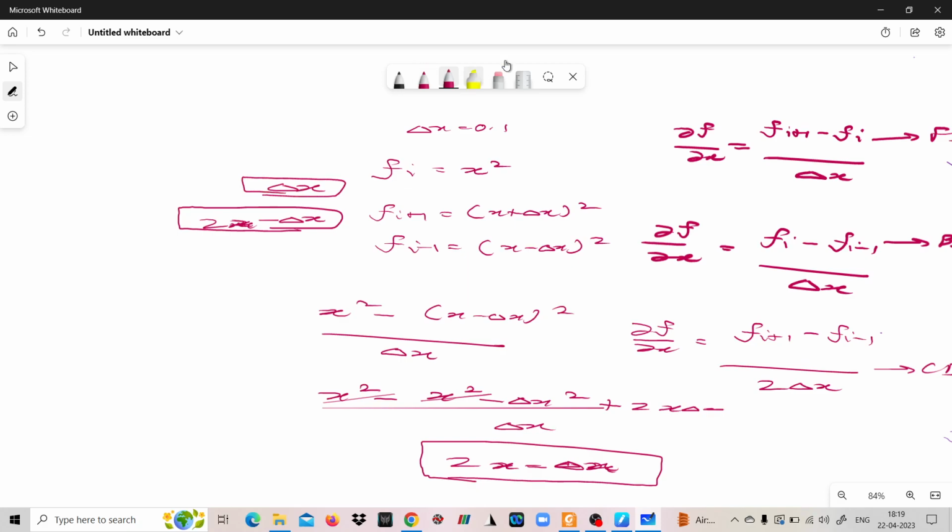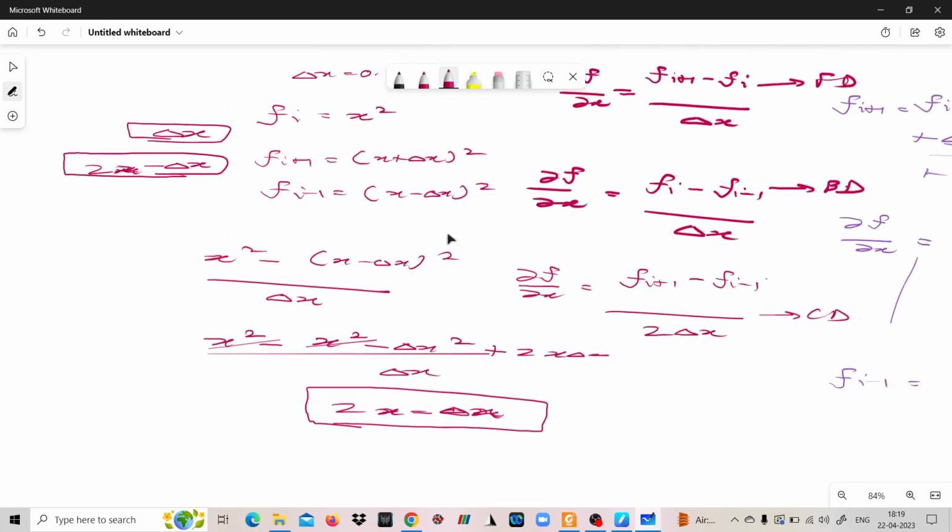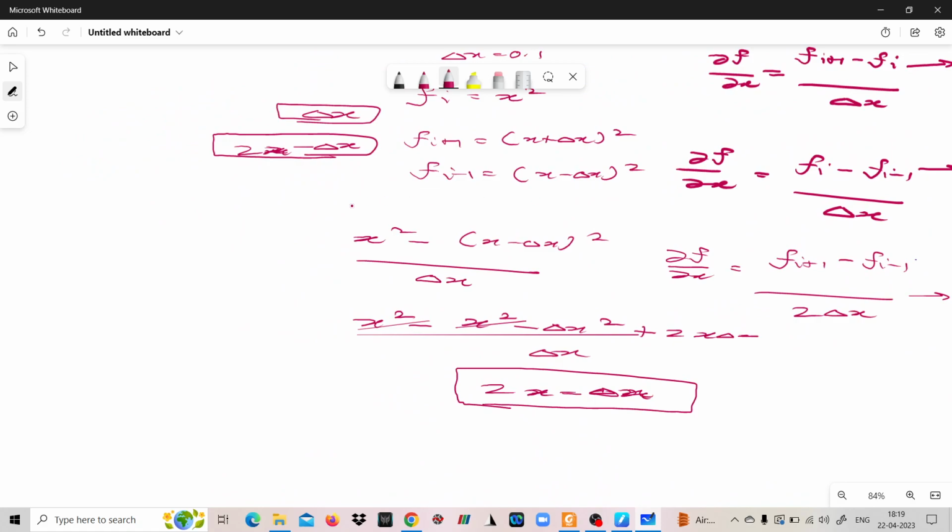Okay, now let us look at central difference. So for central difference it is f i plus 1, which is x plus delta x whole square, minus f i minus 1, x minus delta x whole square, divided by twice delta x.